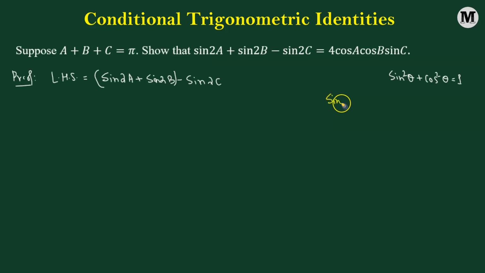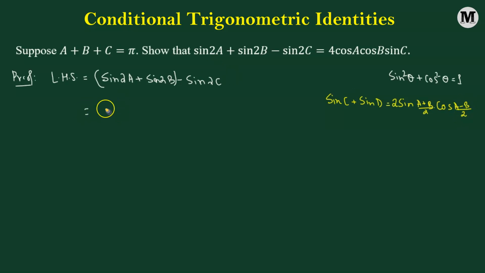We know that sine of angle c added to sine of angle d is given by 2 times sine of the angle (a plus b) over 2 multiplied by cosine of the angle (a minus b) over 2.